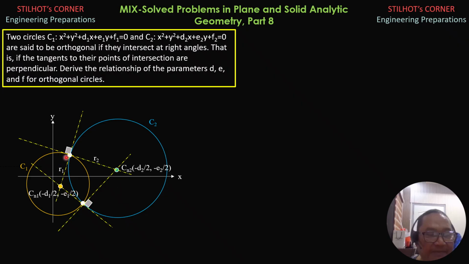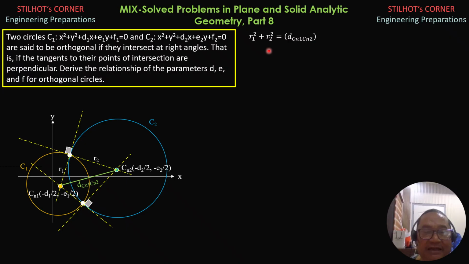And since the tangents are perpendicular, the radii are also perpendicular, then we can form a right triangle with the hypotenuse equal to the line segment joining the centers of the two orthogonal circles. We denote this as d sub cn1, cn2, and we apply the Pythagorean theorem: r1 squared plus r2 squared equals the distance cn1 cn2 squared. So that's our first equation.